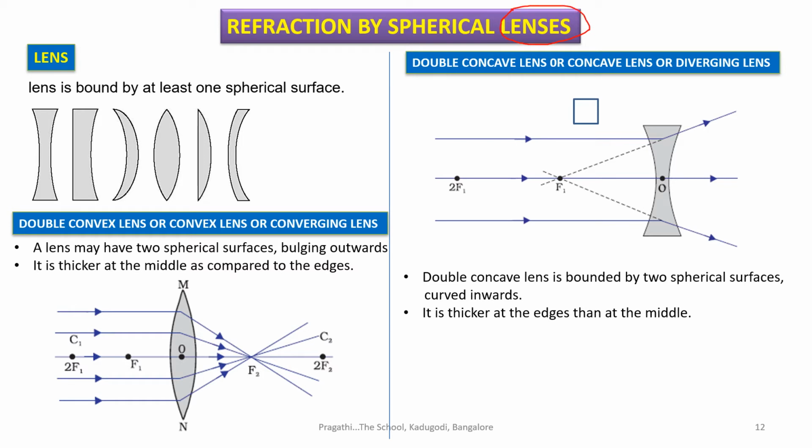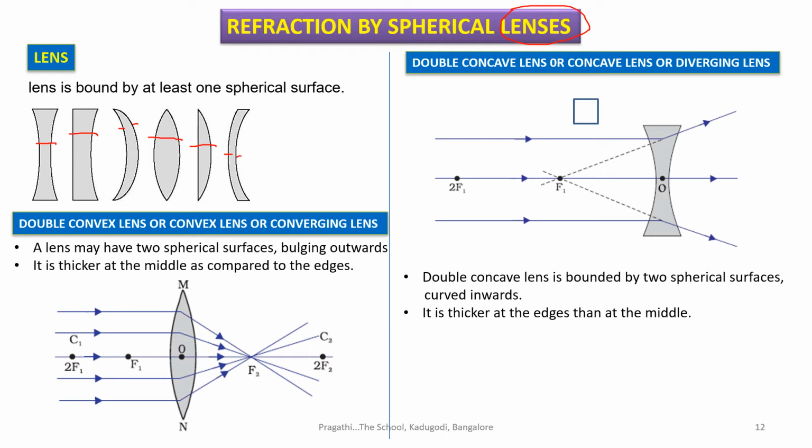A lens is bound by at least one spherical surface. See, these are the different types of lens. This is double concave, and this is single concave. This is concave plus convex, one lens. This is double convex, single convex, convex plus concave.